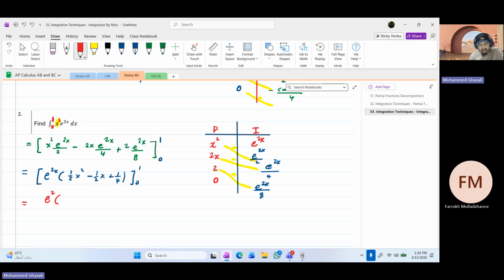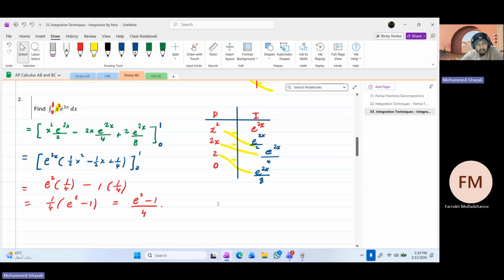We're substituting 1 here, so half minus half is 0, so quarter. Subtract lower boundary, substitute e to the power 0 is 1. Substitute 0 here, 0 there, just get quarter, right? So my final answer is I can take out quarter as a common factor. Quarter into e squared minus 1. Or you can say the answer is e squared over 4, e squared minus 1 over 4. Right? Same thing.